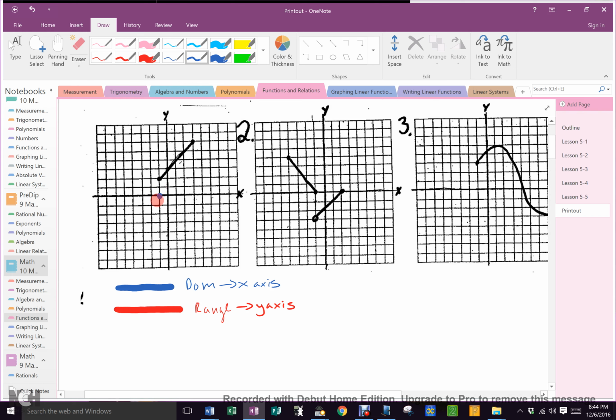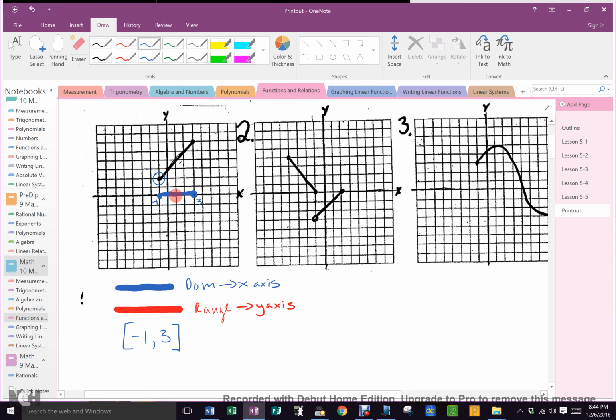My domain goes from -1 up to 3. This is a closed dot, so it includes -1. So -1 to 3, and I can use square brackets because it's an interval.